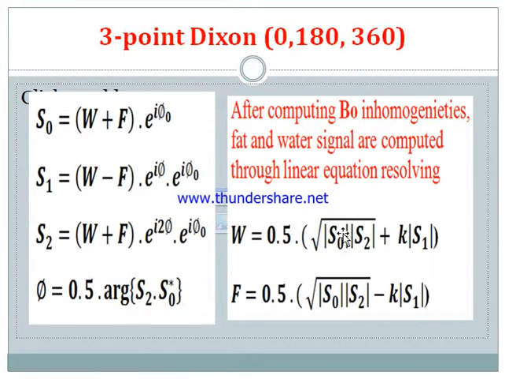And at the end we get these two equations. This is for water and this is for fat. Again, we can see that it's a summation and subtraction of in phase and out phase signals, and K is just a sign factor.